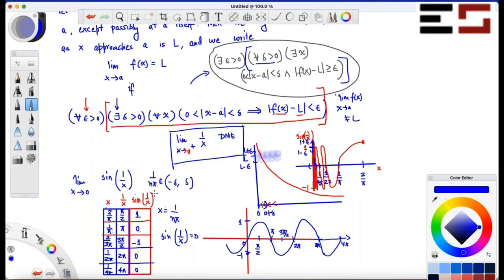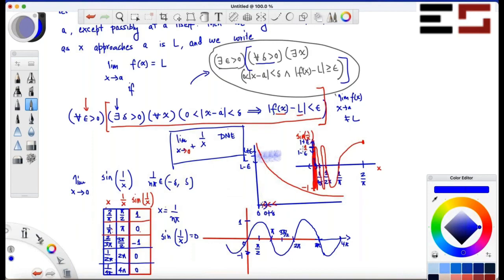Yes. Basically, that's a precise argument that for any delta positive, I can choose 1 by n pi in this interval such that the image of this function, sine 1 by x, at this value of x is 0, which lies outside this interval 1 minus epsilon, 1 plus epsilon.